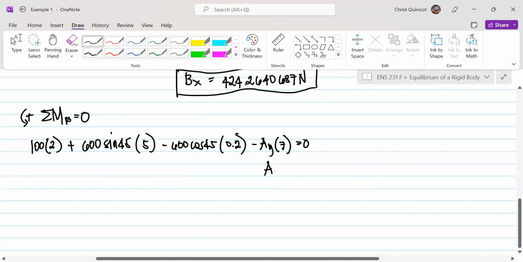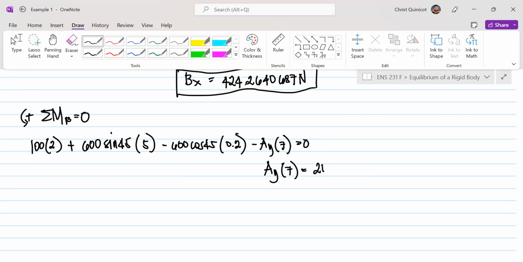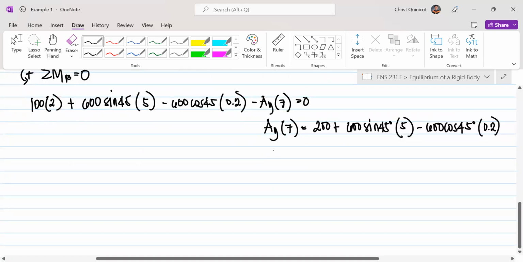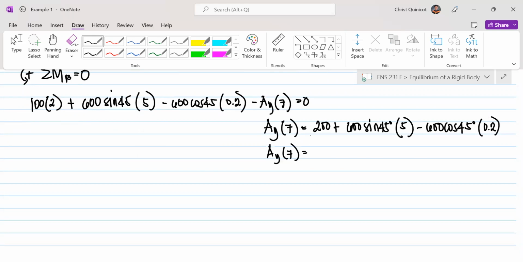So A sub Y times 7 is equal to 200 plus 100 times 2 plus 600 sine 45 degrees times 5 minus 600 cosine 45 times 0.2.